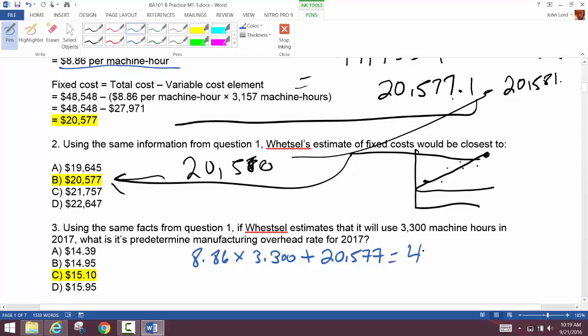49,815? Okay, good. Then what do I do? Divide that by the machine hours, and I get a predetermined overhead rate of 15.10, I hope.